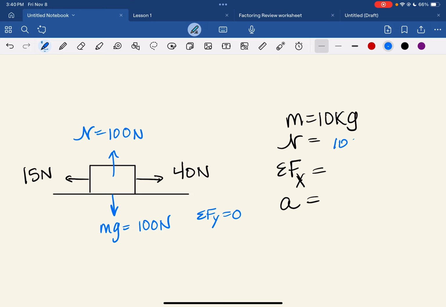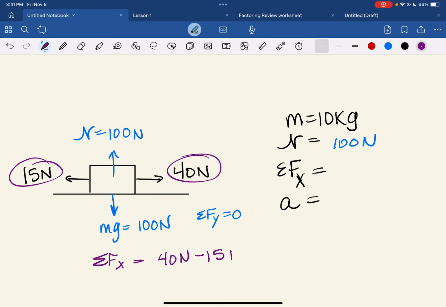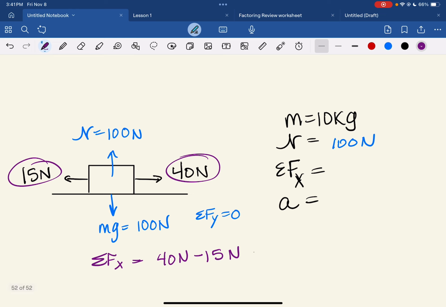So I'm going to put that down here. The sum of the forces in the x direction, super easy. I've got 40 newtons and 15 newtons. So sum of the forces in the x is going to be 40 newtons minus 15 newtons, which is going to equal 25 newtons.